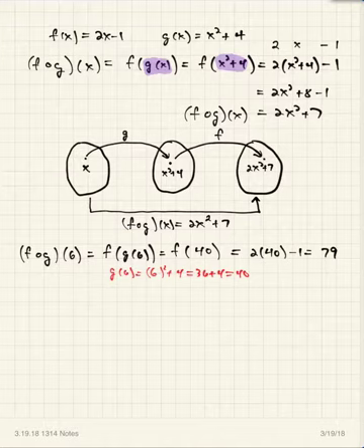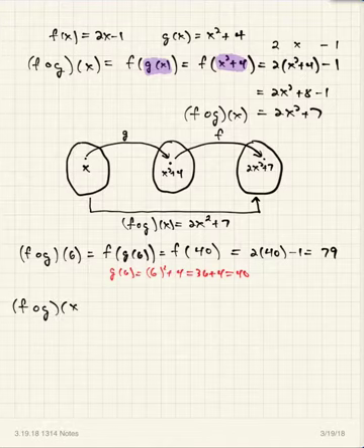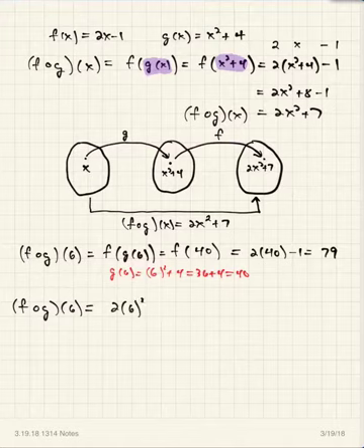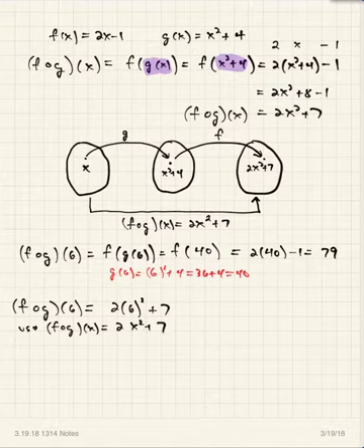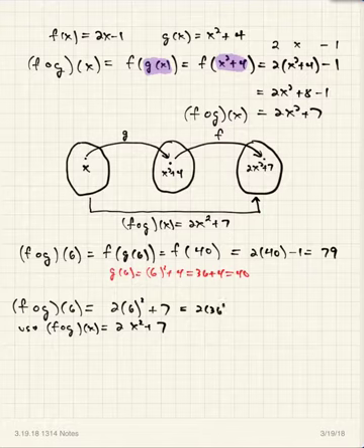Or the other way you could do the same problem is you could now just use the function that we've created above. So f composed with g of 6 would be equal to 2 times 6 squared plus 7. So what are we doing here? We're using the fact that f composed with g of x is 2x squared plus 7, right? Which was the function that we created up at the top of the screen there. And so notice what happens there. You get 2 times 36 plus 7.